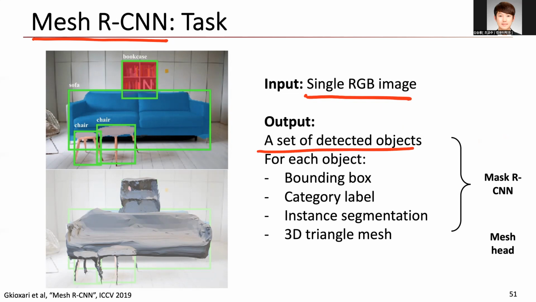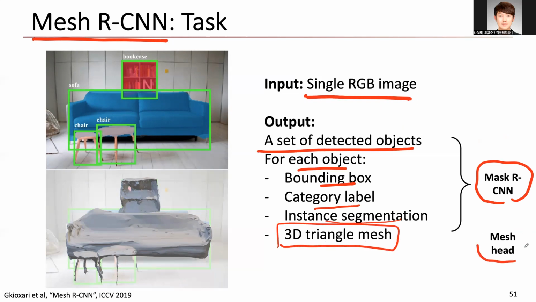For each bounding box, the category label and instance segmentation can be estimated. This kind of information can be estimated by the mask RCNN we discussed in lecture note 2. And in mesh RCNN, we additionally estimate 3D triangle meshes.